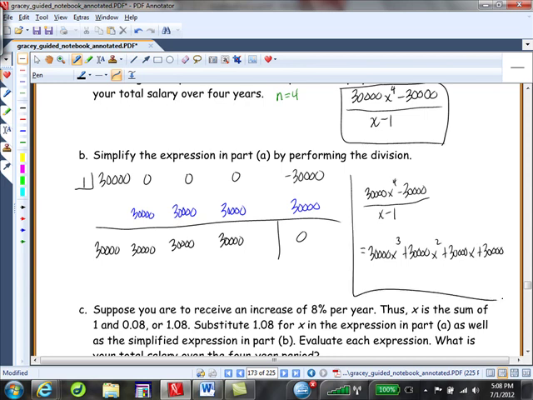And there was no remainder. So this is what we found.